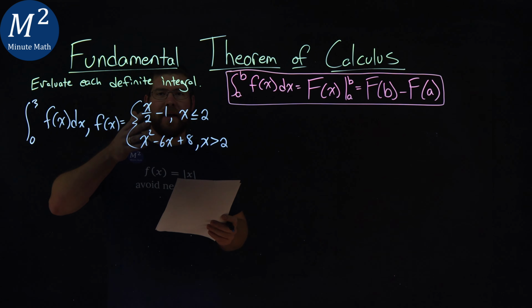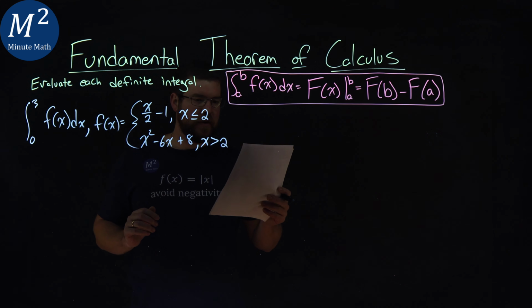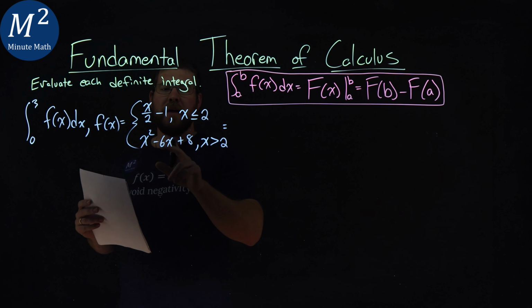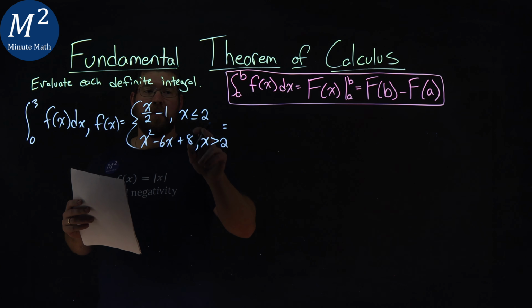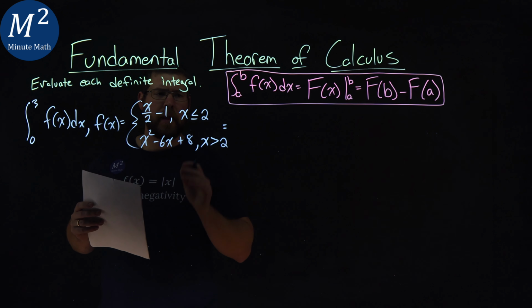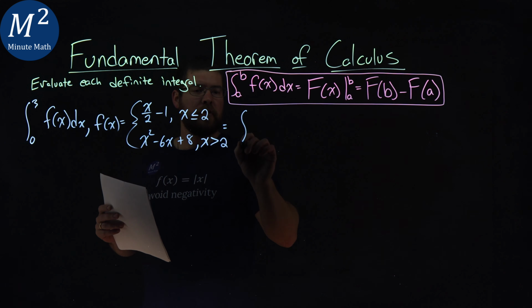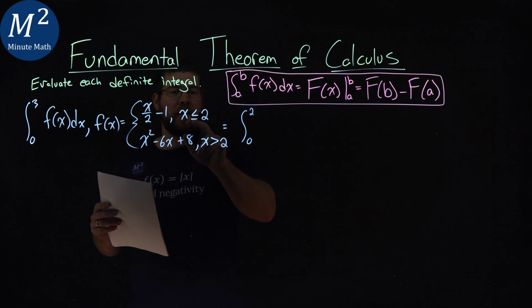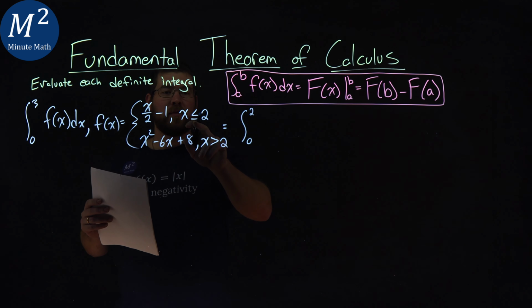Well, first let's break this up into two integrals. They tell us something happens at 2, we're changing the function right at 2. So we're going to find the integral first from 0 to 2, and that happens when x is less than or equal to 2.